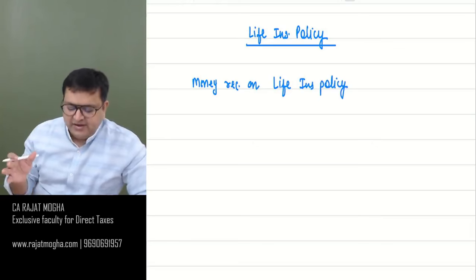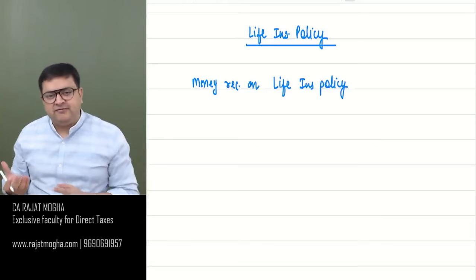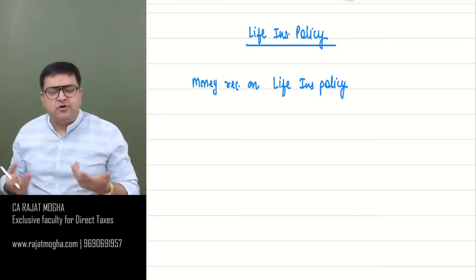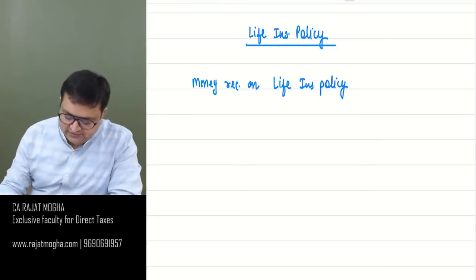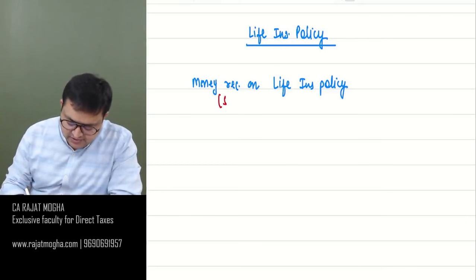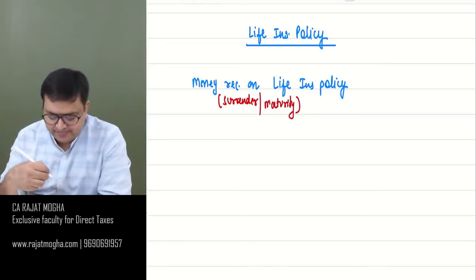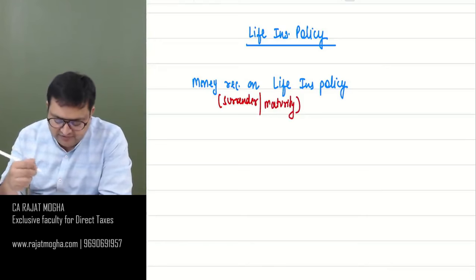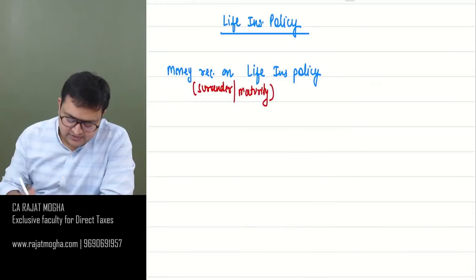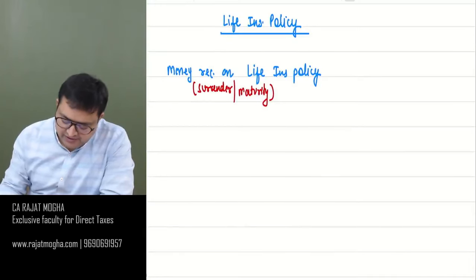Whenever you receive money on life insurance policy, when you receive money on surrender or on maturity, this is not important to write, but still I'm writing surrender or maturity. Whenever this life insurance policy gets matured or surrendered, you receive the money. So money received on life insurance policy, very, very important.